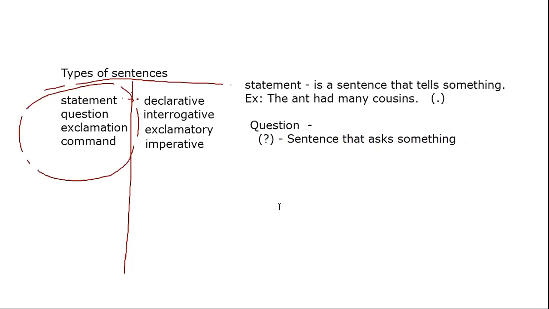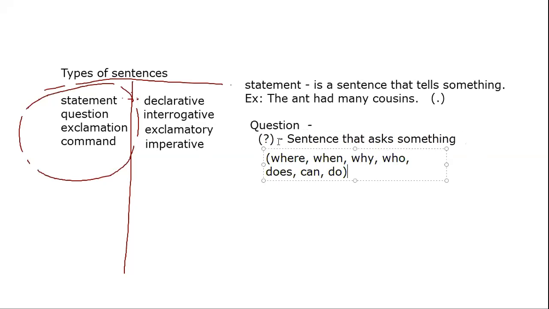So read the sentence. Use your common question words, which are where, when, why, who, does, can, do. These are some common question sentences. If your sentence starts with, why did the rooster fly away? You're asking a question.